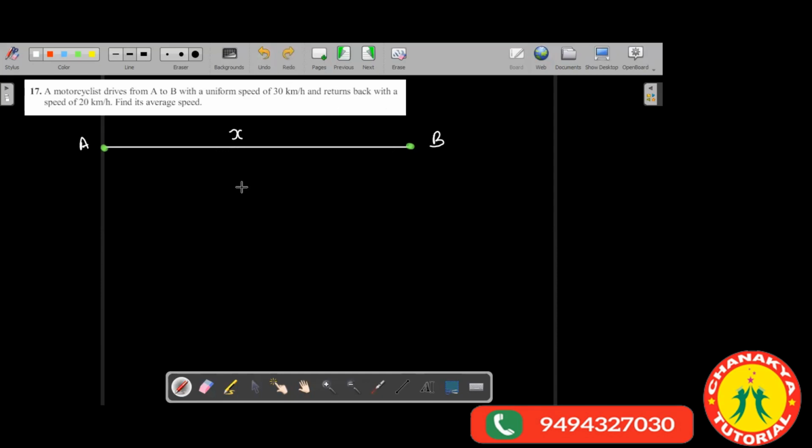When it is going from A to B, it is traveling with a speed of 30 km per hour. And from B to A, the speed is 20 km per hour. We have to find average speed, and the formula of average speed is total distance by total time.